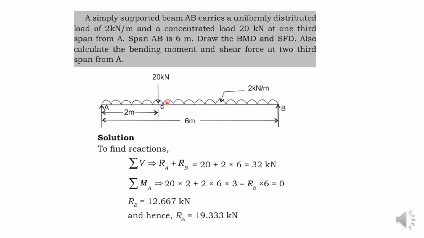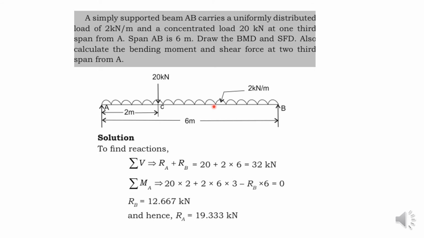Now we have to also draw SFD and BMD and also calculate the bending moment and shear force value at 2/3 span from A. That is 2/3 of 6 meters, which is 4 meter from A. So we have to calculate the value of shear force and bending moment at 4 meter from A.